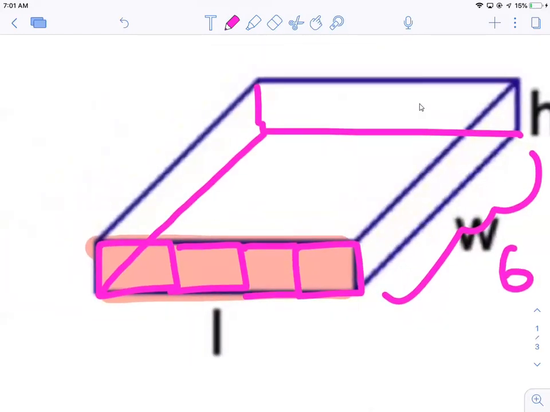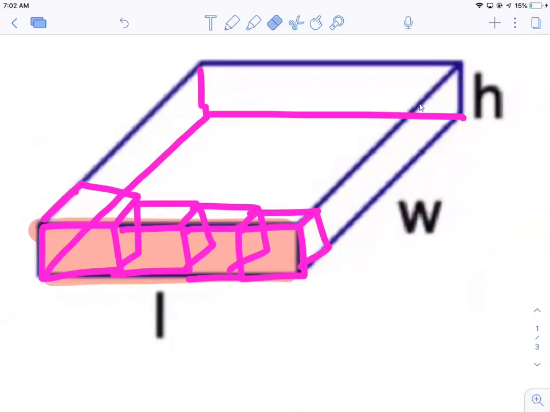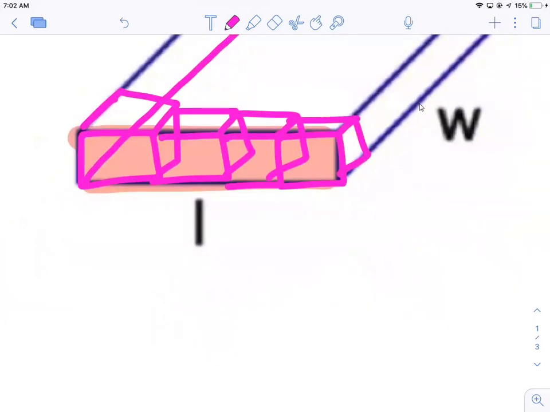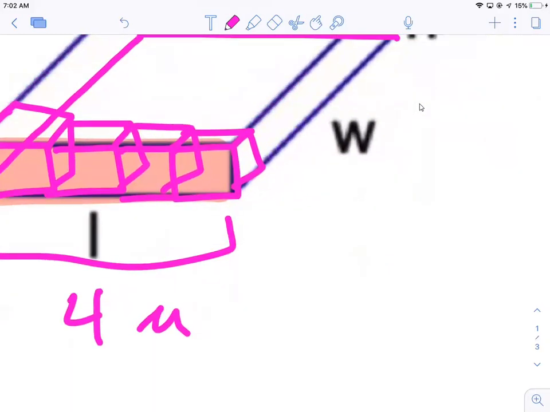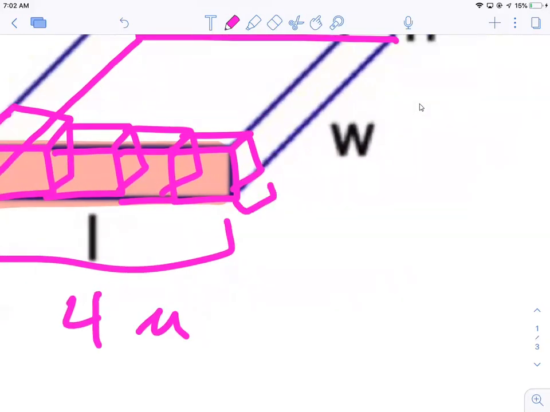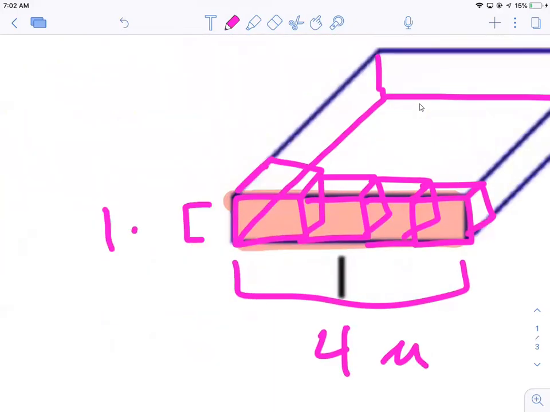And that's because, if I start pulling it out, I'm going to get these 3D cubes. And let's say this was 4 units this way, and this was 1 unit this way, right?